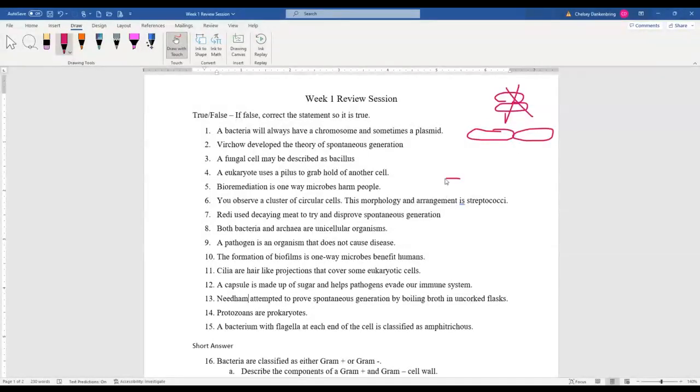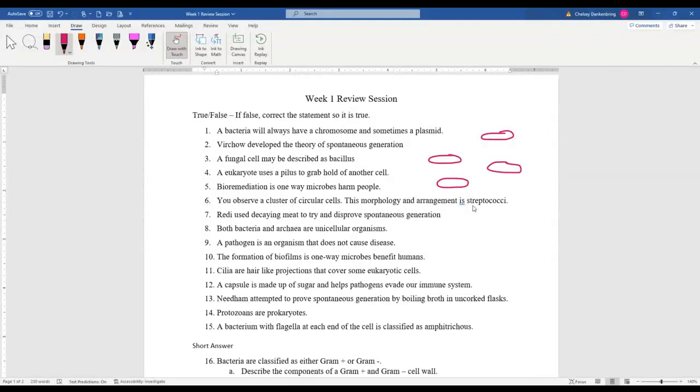So if you had just this, let me try to erase the others. If this is what you saw under the microscope, just a bunch of bacillus cells hanging out by themselves, in that case, your morphology and arrangement is single bacilli, and that's two separate words, okay?